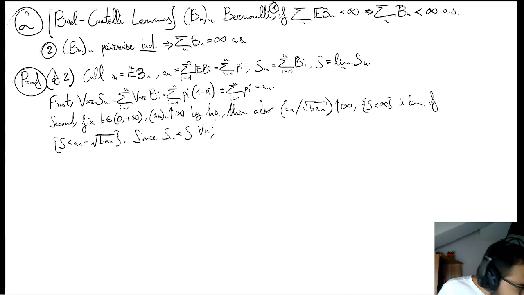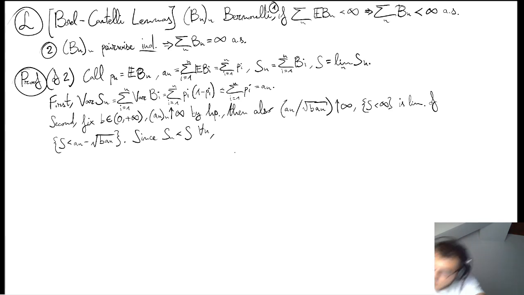I think there is a typo here, because I basically wrote the same thing and it should be Sn. I don't have a pencil. Let me try to correct. It should be like this.